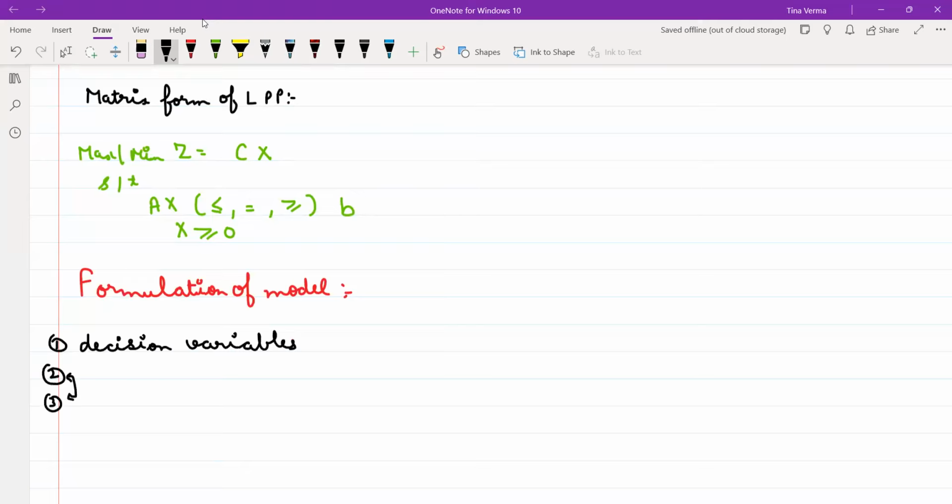Because firstly, either you can make the set of constraints or you can make your objective function first. The last is the restriction on your variables.